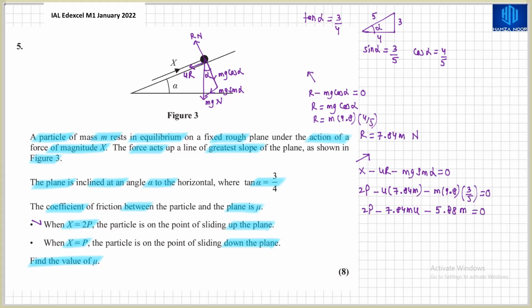So according to condition number 2, the particle is on the point of sliding down. So in the second condition, the mu r will be acting up the plane, since the friction is against the tendency of moving. So according to condition number 2, it would be x plus mu r.